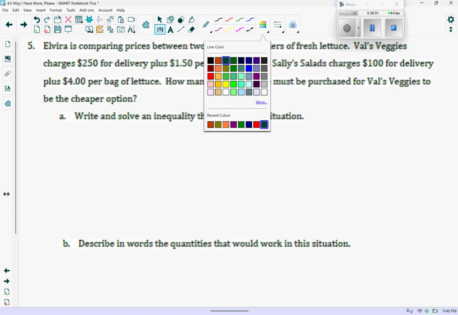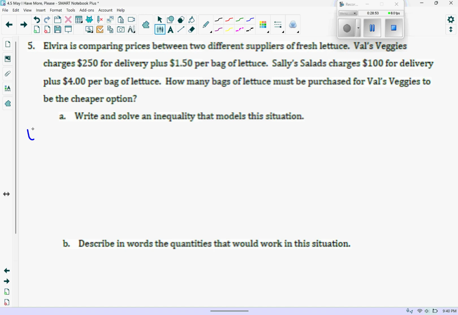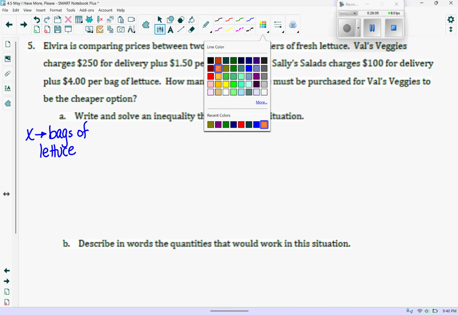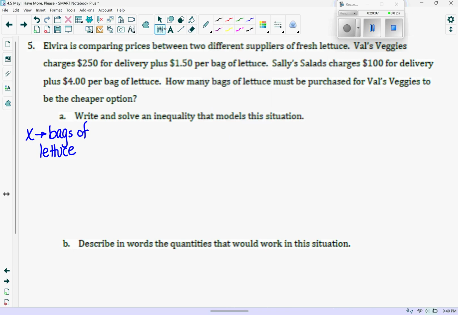Okay, so x is going to be bags of lettuce. All right. And so what we're going to do is we want Val's Veggies to be cheaper. So I'm going to write it in words first. Val's needs to be less than Sally's.